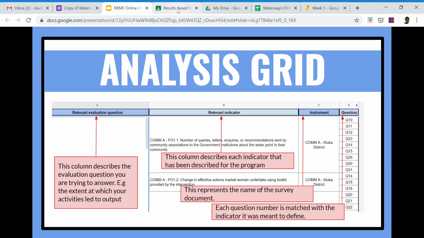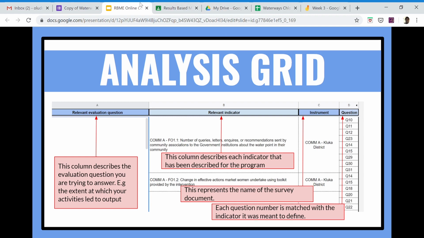That makes it an important part of what you need in preparation for your analysis. It is not when you are finished analyzing, or while you're analyzing, that you start trying to merge your questions with the indicators they are answering. No. It's important you design this before your instrument gets to the field.